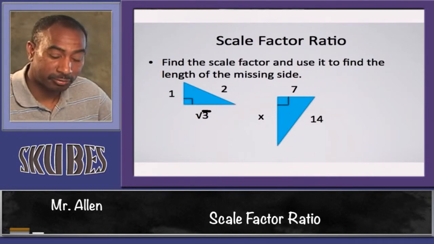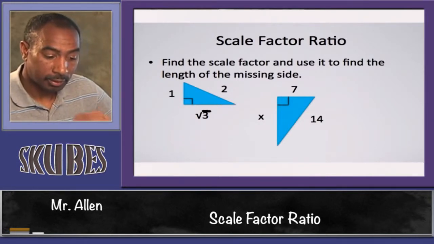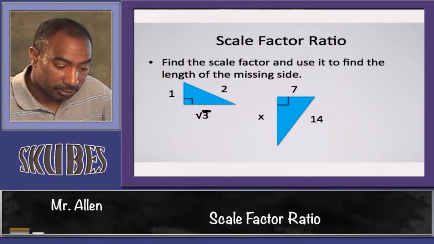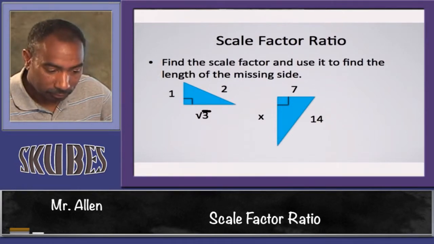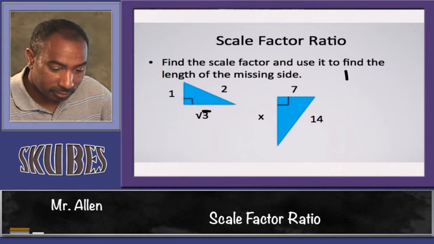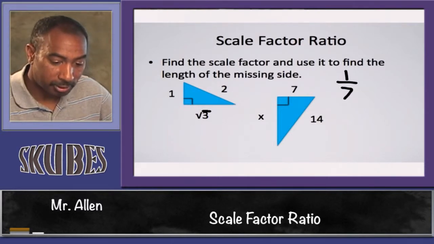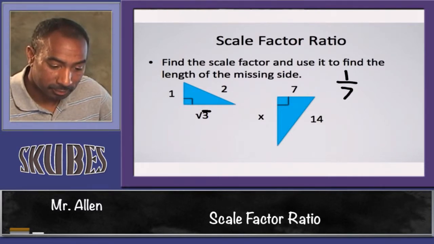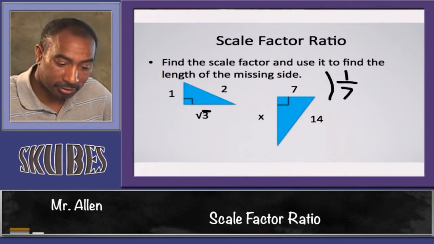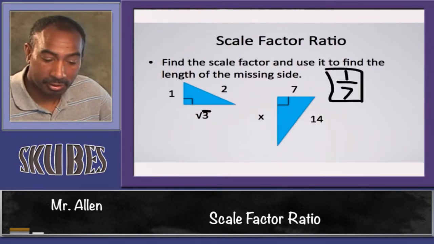But first, find the scale factor. So let's see. I have 2 short legs. I can say 1 to 7 if I'm going from small to large. And you can't reduce that any further, so that's my scale factor, 1 to 7.